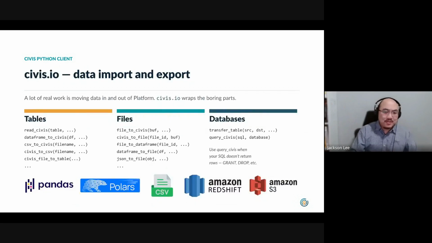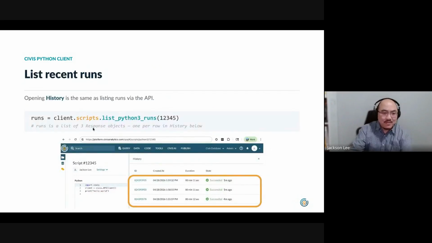Okay, so next, let me go back a little bit. I've been talking about how you can use the Python API client to interact with the Civis API. You create a client object here, and then you have to know which API endpoint to use and then which methods to use. I would call this a low level way of using the client.